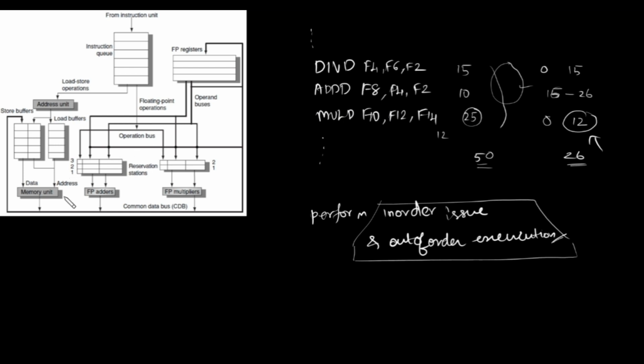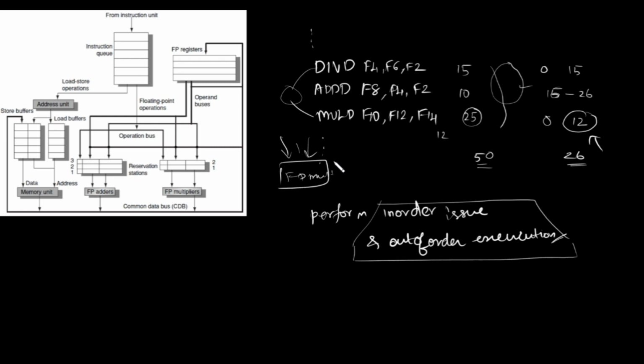So how Tomasulo's algorithm is going to work, and the main thing we have to note, is to make sure we have enough units to perform these operations simultaneously. Say for example, if I had only one floating point multiplier, I cannot schedule both div and multiplication to the same floating point multiplier.